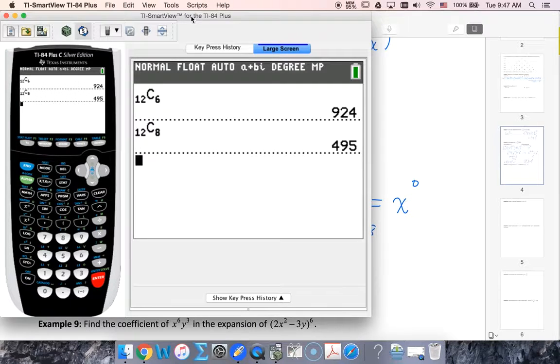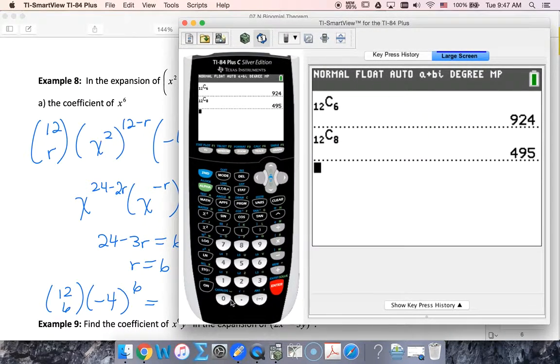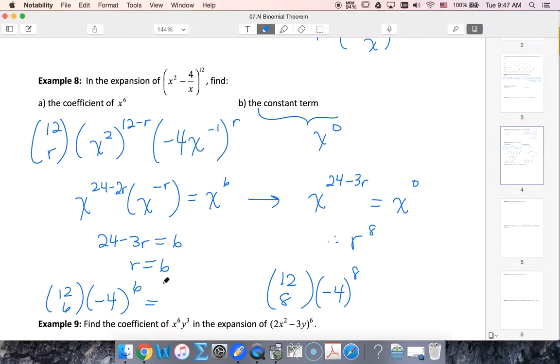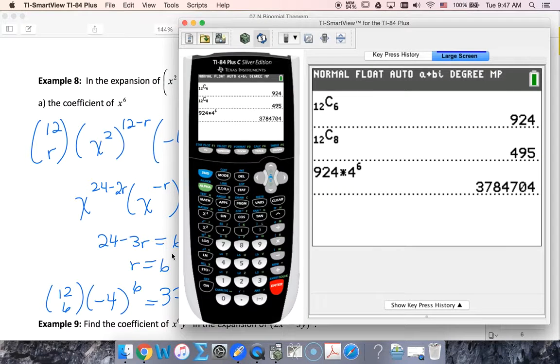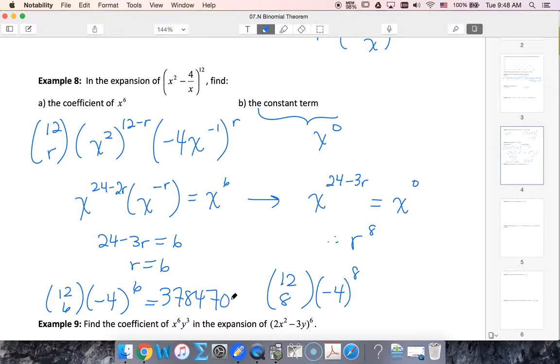All right, so I had 12 choose 6 times -4 to the 6th. Of course, a negative raised to an even power is going to be positive, so I'm just going to ignore the -4 for now. So there's my coefficient. That's going to be 3,784,704.